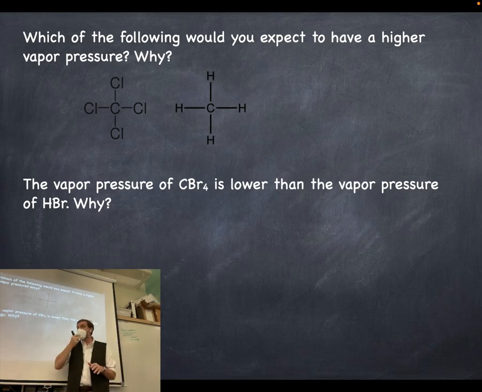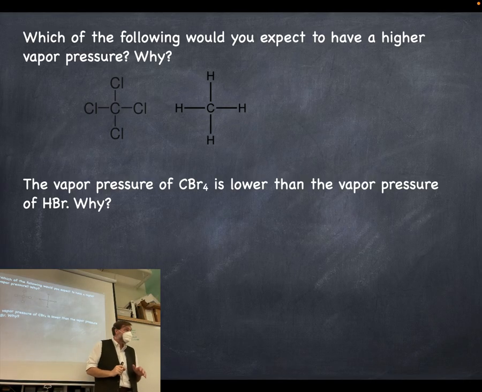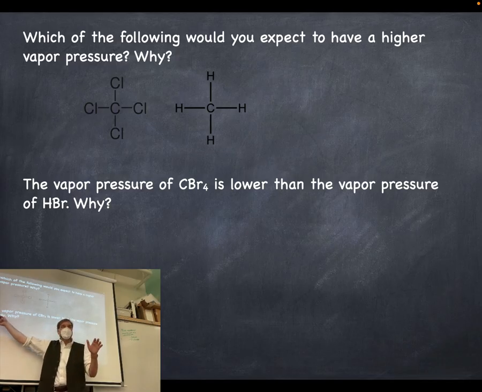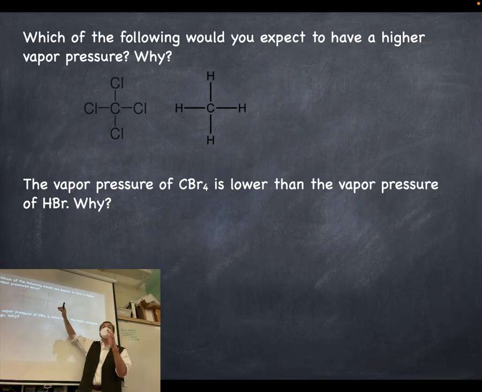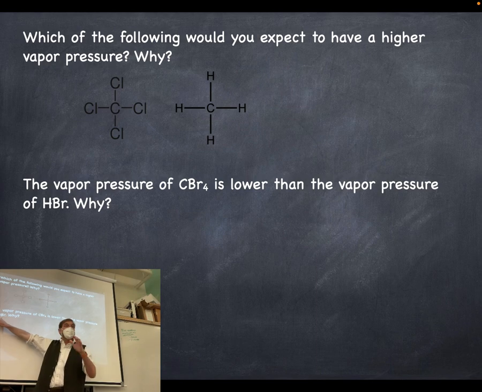That means carbon tetrabromide has stronger intermolecular forces. How can only London dispersion force be stronger than London dispersion force plus dipole-dipole? The amount of electrons. Carbon tetrabromide has way more electrons, which means its London dispersion force is stronger than the London dispersion force plus dipole-dipole of the hydrogen bromide.